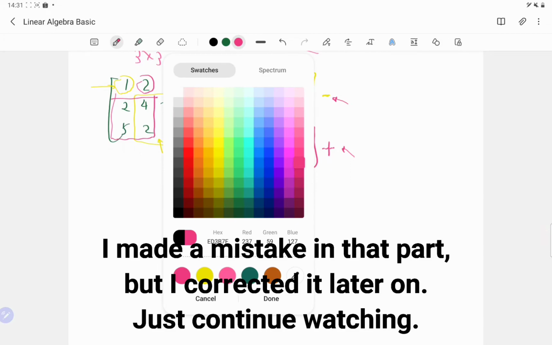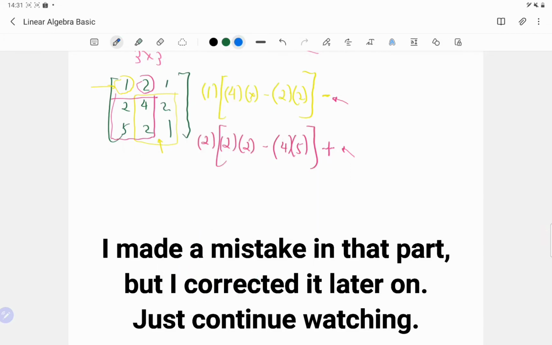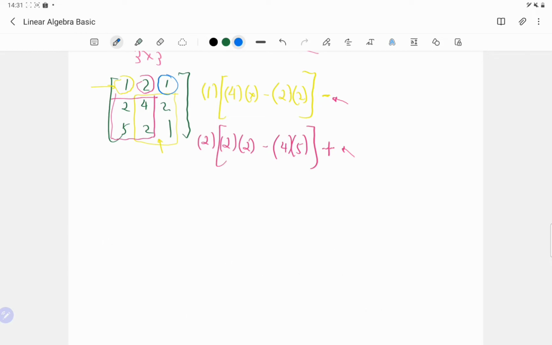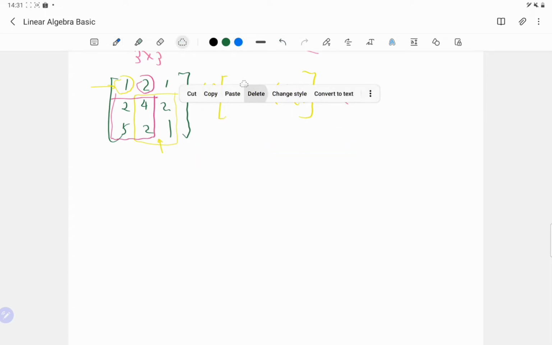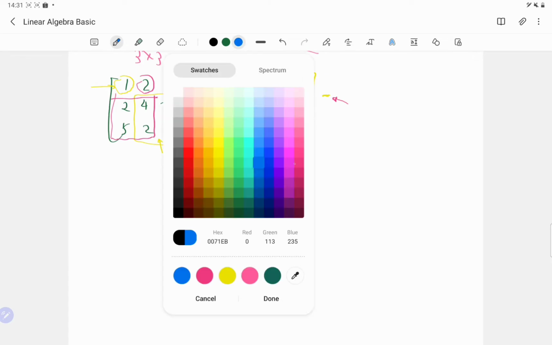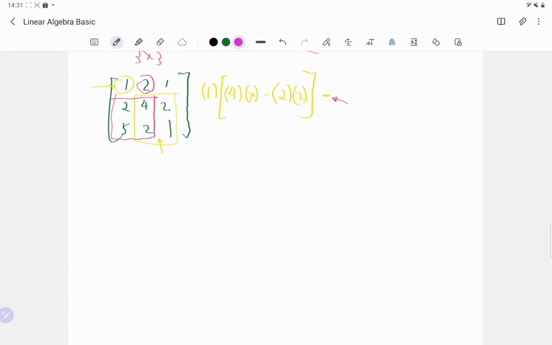Okay, let's have a different color. Now for the next column, the last column, which one does not involve, oh sorry guys, I have a mistake, I just realized. Okay, let's delete this first. Okay, go back, I'm sorry. Okay, I delete this. Okay, go back to column 2.